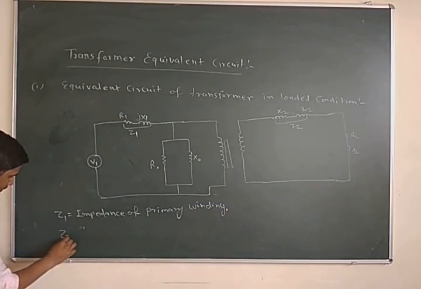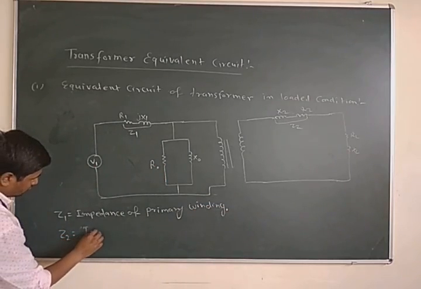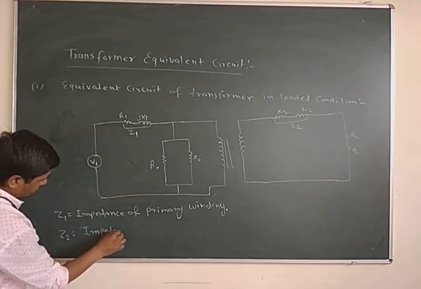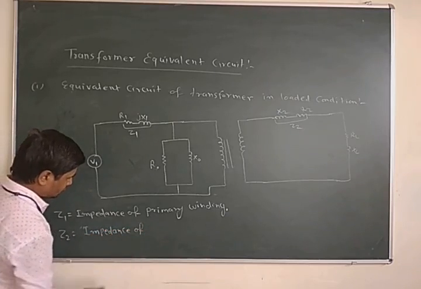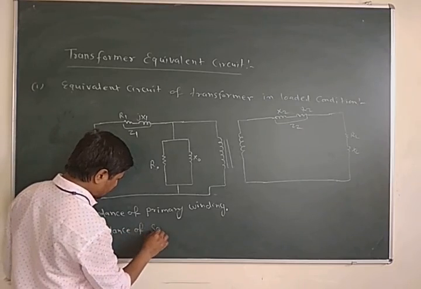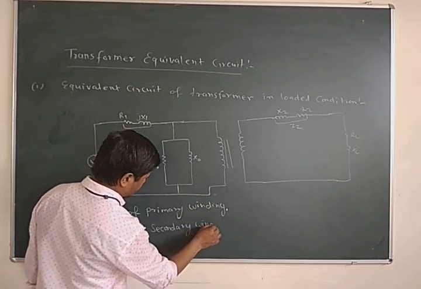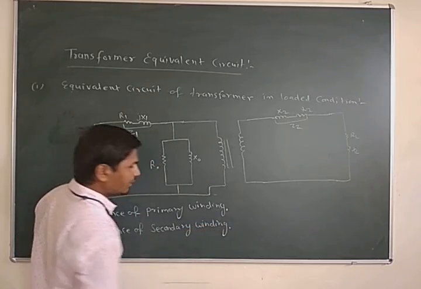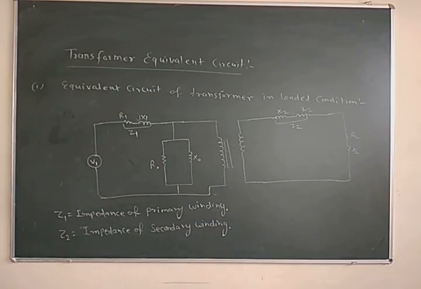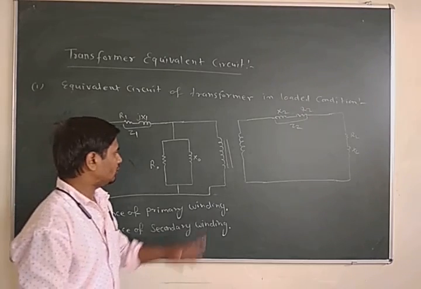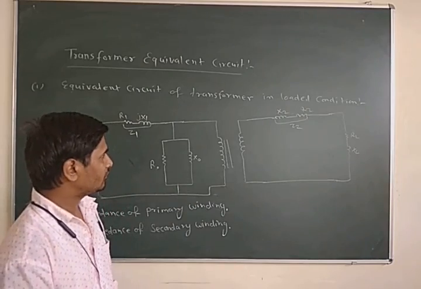Z2 is the impedance of the secondary winding. R0 is the no load component of resistance and X0 is the magnetizing reactance.